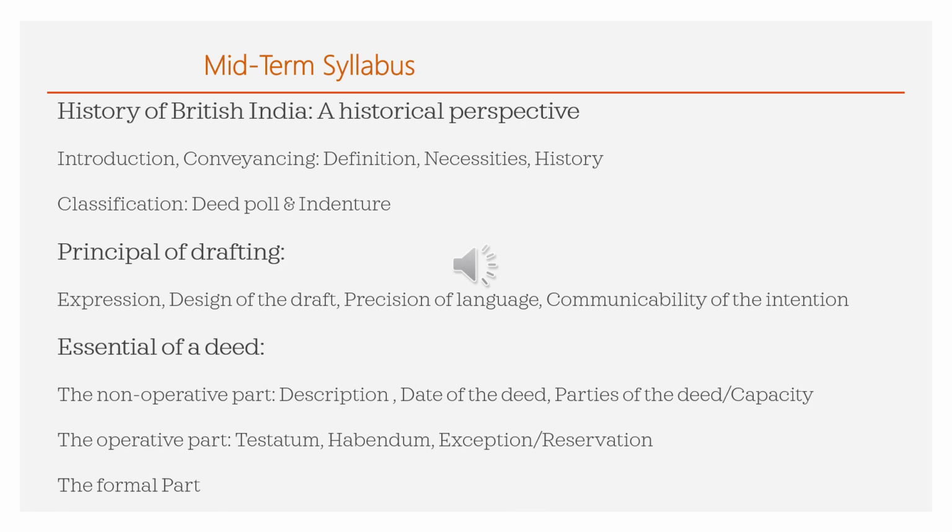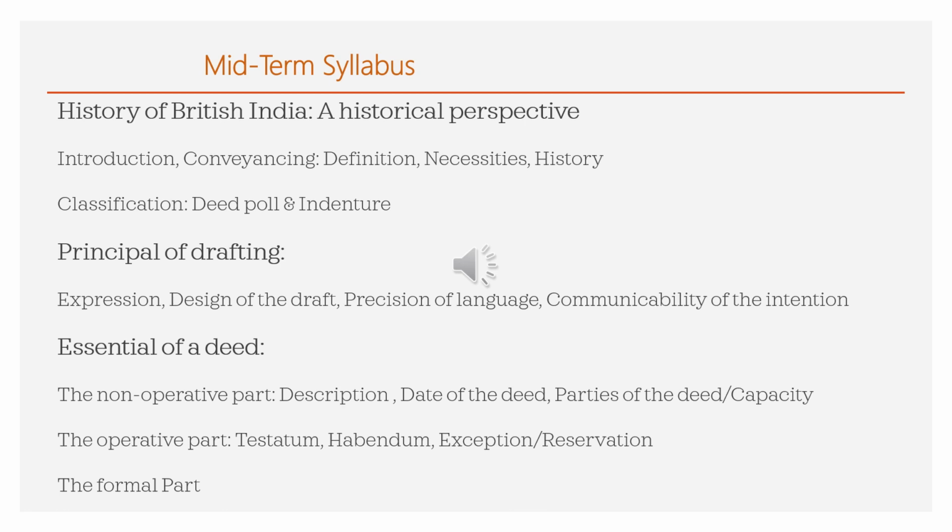Now I am going to discuss our midterm syllabus. We'll start with the historical perspective of conveyancing and legal writings. After that, we'll look at the classification of different types of documents or legal instruments. Next, we will learn the basic principles of drafting. These are expression, design of the draft, precision of language, and communicability of intention.